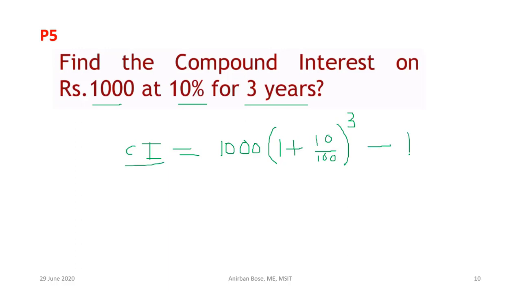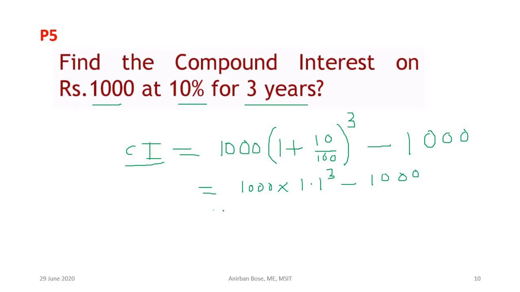That will be this minus the principal. So if you simplify it, you will get 1000 into, what is this value? 1.1 cube minus 1000.